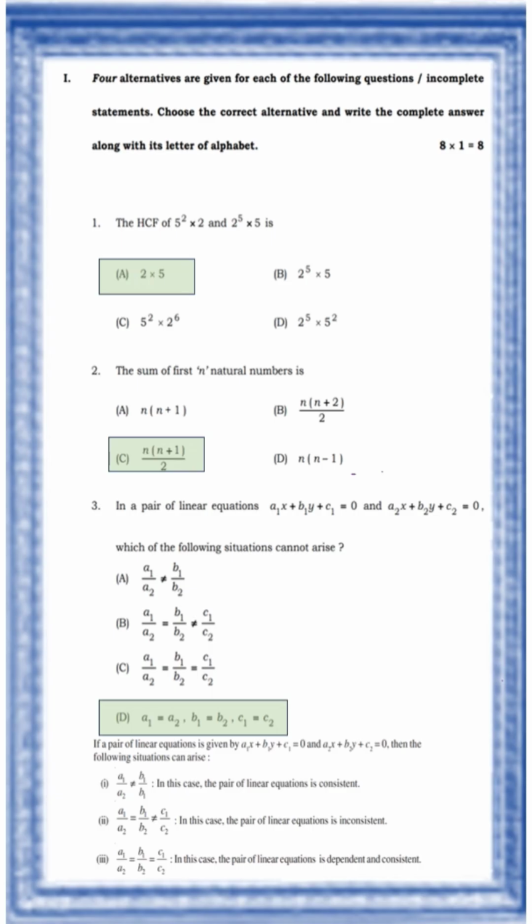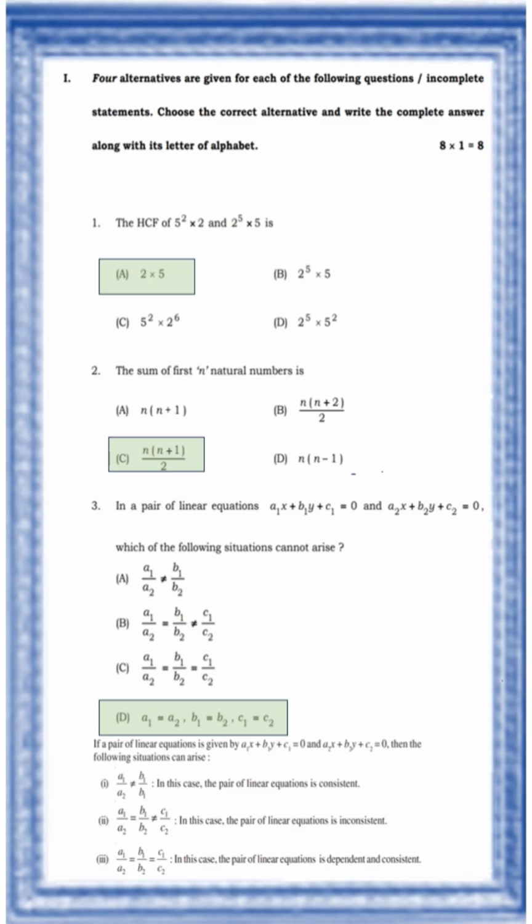In this case, the pair of linear equations is inconsistent, meaning the pair of equations has no solutions. Third situation is a1 by a2 is equal to b1 by b2 is equal to c1 by c2. In this case, the pair of linear equations is dependent and consistent, meaning there are many solutions for the pair of equations.